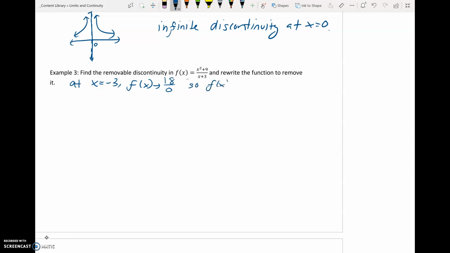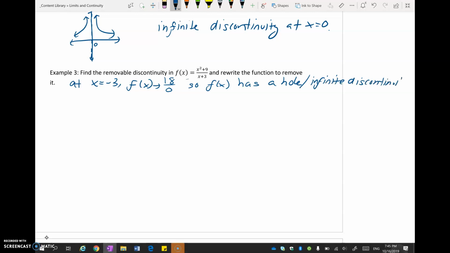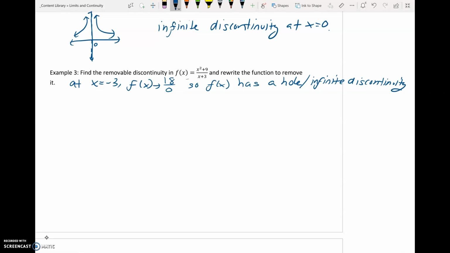So f of x has a hole or maybe an infinite discontinuity, just a problem point in general, could be one or the other, when x is equal to -3.